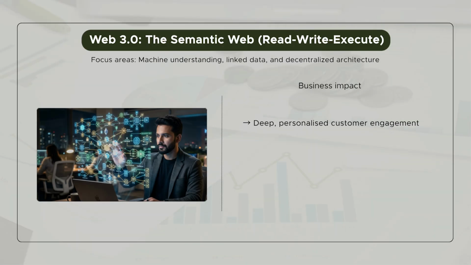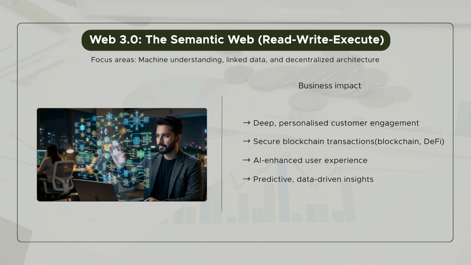It gives businesses a more profound, personalized level of engagement with clients. Decentralization offers a more secure and transparent way of doing transactions, like blockchain or decentralized finance. The focus on AI and machine learning can significantly enhance user experience, prediction models, and use of data for business insights. So, all of these are features of Web 3.0.